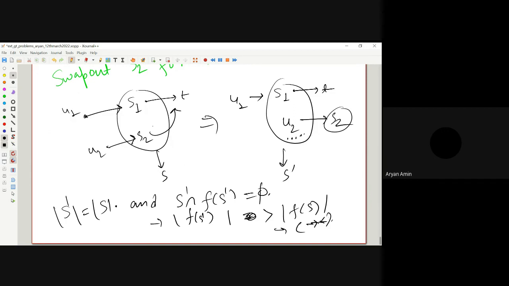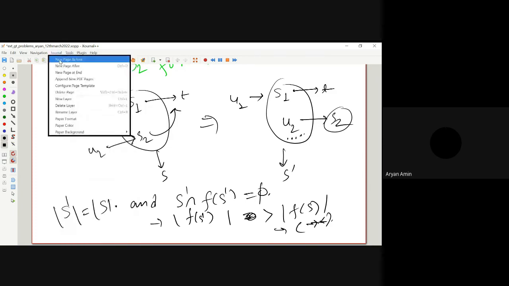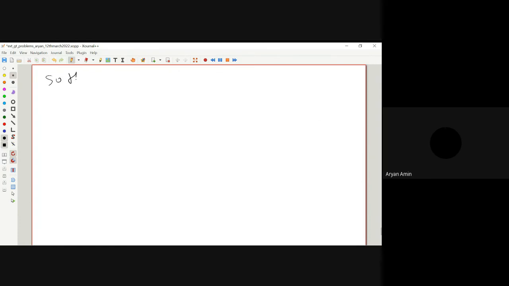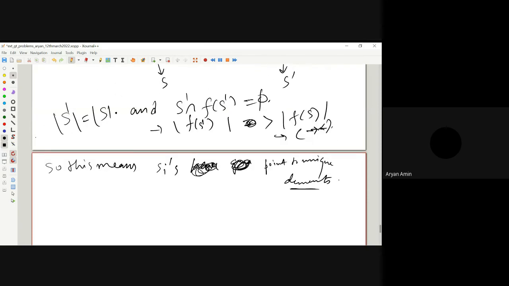So this implies that the SIs point to unique elements. Does everyone understand how this happens? Is the proof clear?